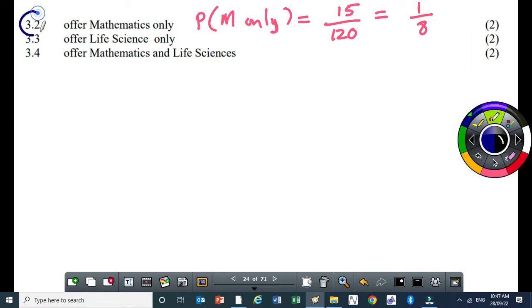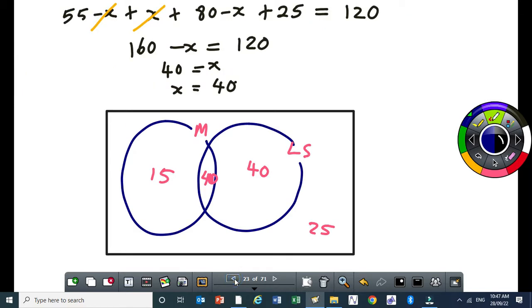So I've done 3.2, then 3.3 rather. So 3.3, it will be the probability of doing life sciences only. So if you go to your Venn diagram, how many learners are doing life sciences only? It's these 40.